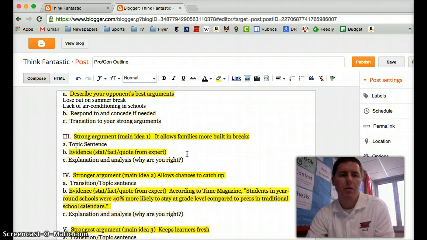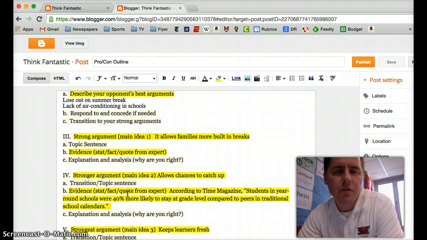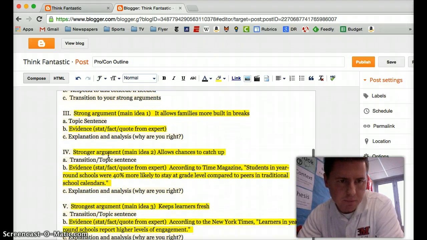And then I put my quote there. That makes sure that I have evidence for each of my main ideas. You do the same thing for your strongest argument.